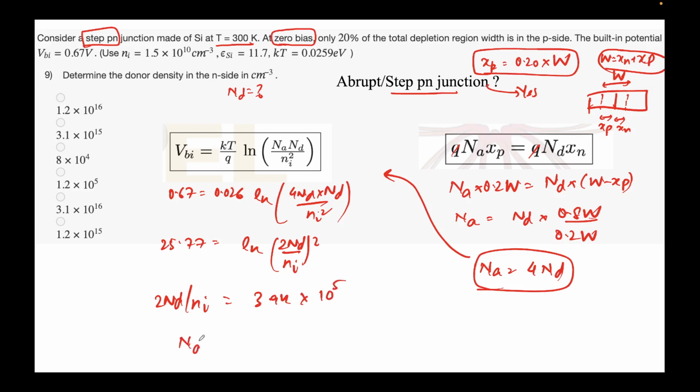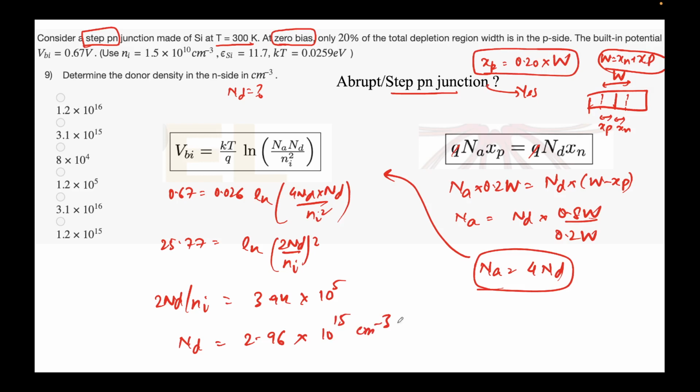From this you can get Nd very easily. So this is turning out to be 2.96 times 10 to the power 15 cm to the minus 3. The cm to the minus 3 comes again from the ni term.